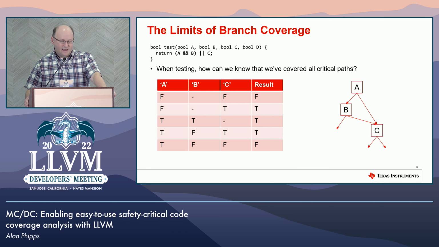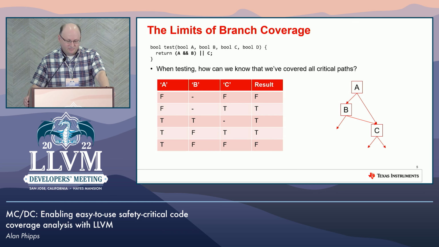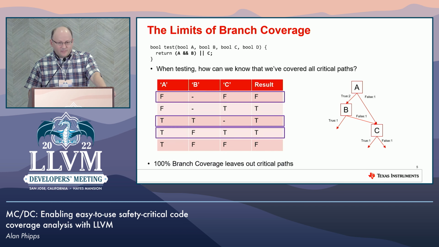So if A evaluates to false, for example, the B condition is never evaluated. So these are the possible paths through the control flow. Well, if we rely on branch coverage alone, we can achieve 100% branch coverage by testing 3 of these paths. So for some, that may be good enough, but we're leaving out critical paths here.